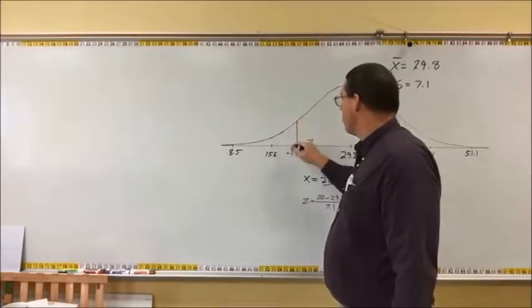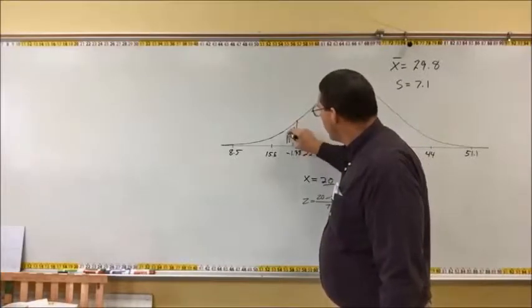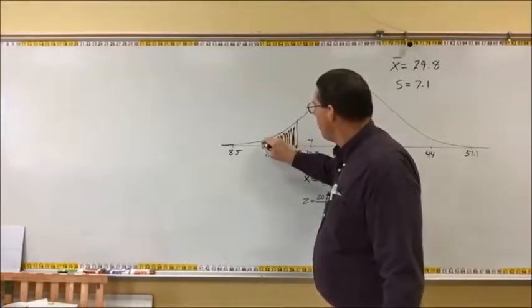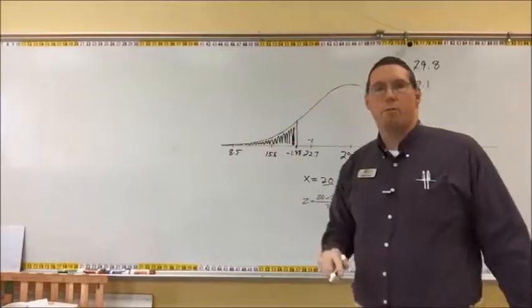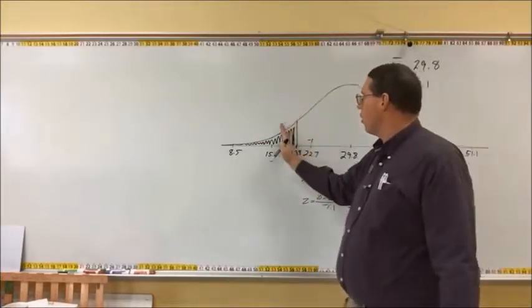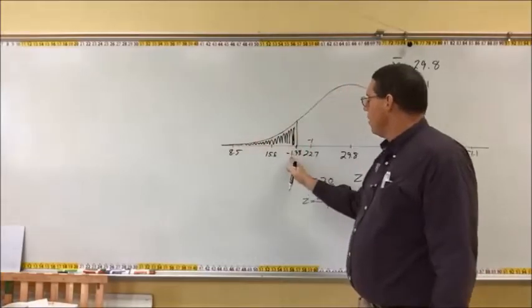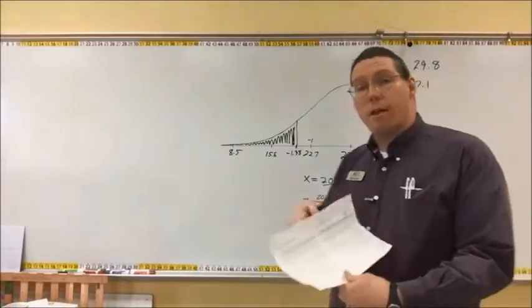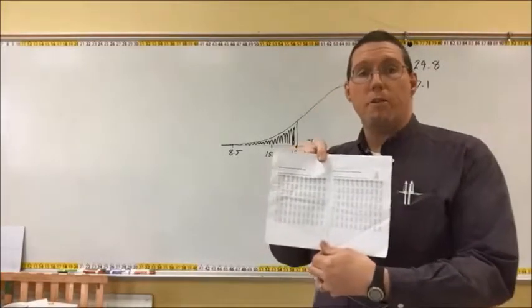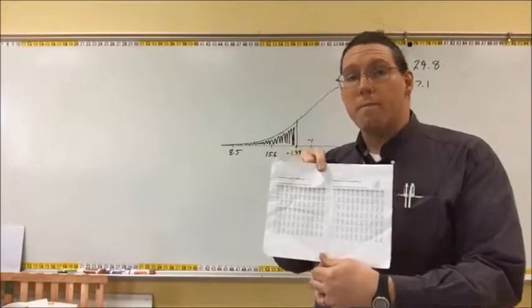And if you recall, if we shade this in, these are all of the observations that would be less than negative 1.38. This is the part of the curve that is below negative 1.38. And so, remember that in this table, all of the probabilities are less than probabilities.